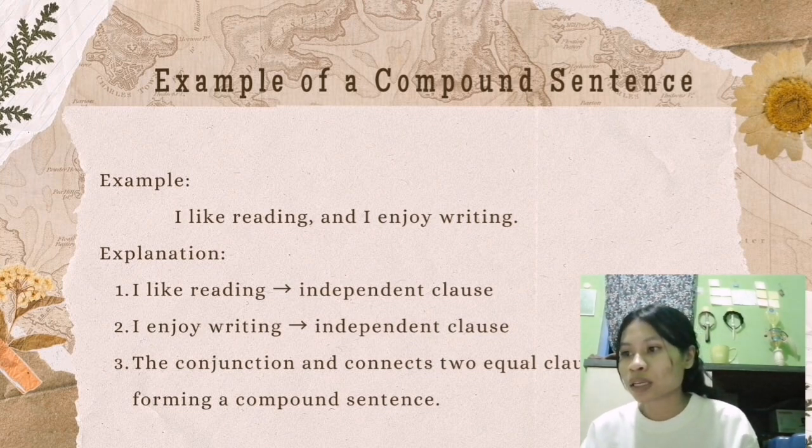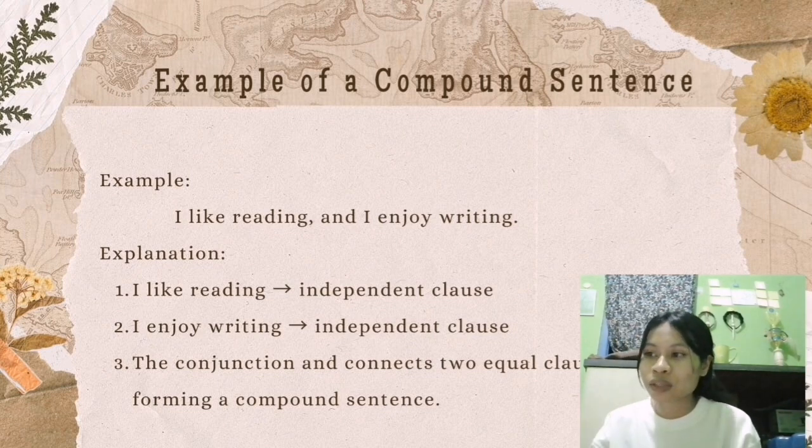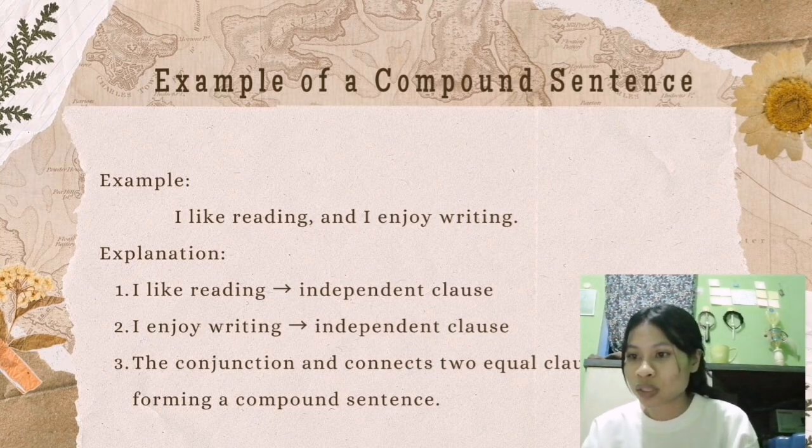The example that I use is: I like reading and I enjoy writing. This sentence is an example of a compound sentence because it consists of two independent clauses: I like reading and I enjoy writing.